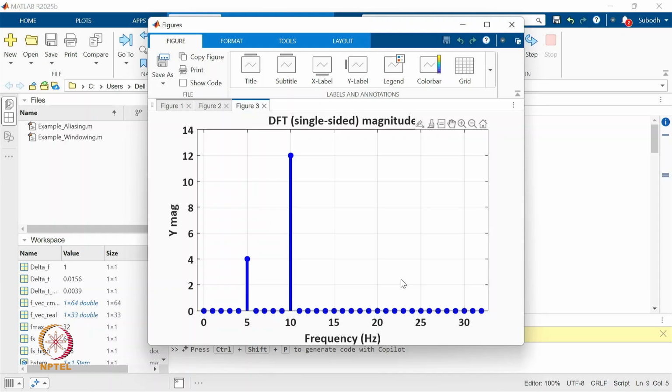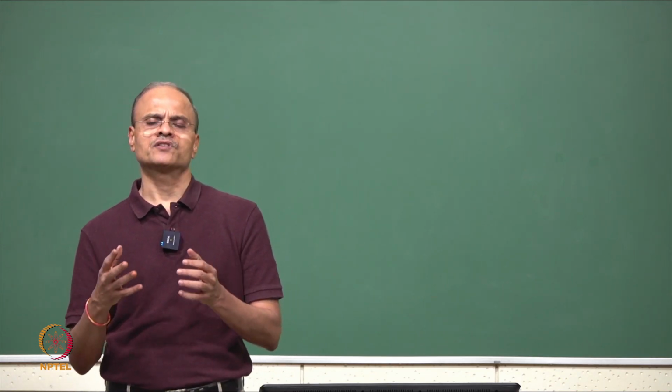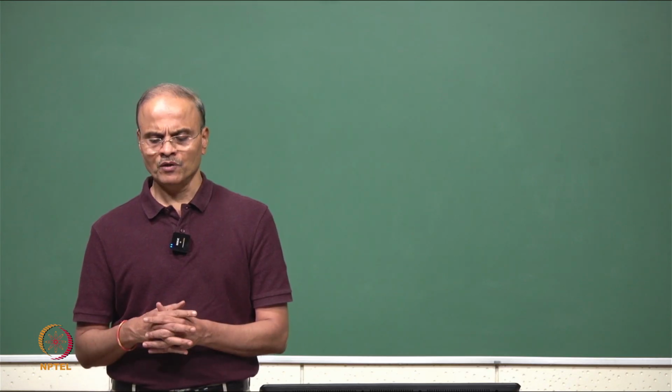So, this again correctly identifies the frequency components, their frequencies and amplitudes. If we take a sampling frequency more than the minimum desired value, we still get a correct identification of the frequency spectrum, but the minimum we require is the one which satisfies the Nyquist sampling criteria. So, this completes our example 5.